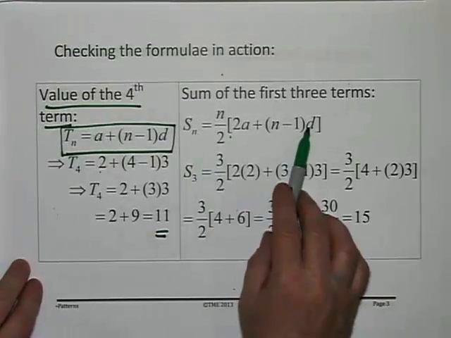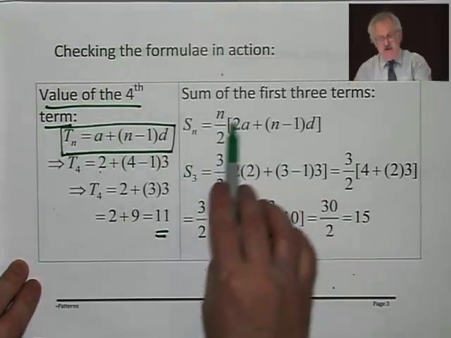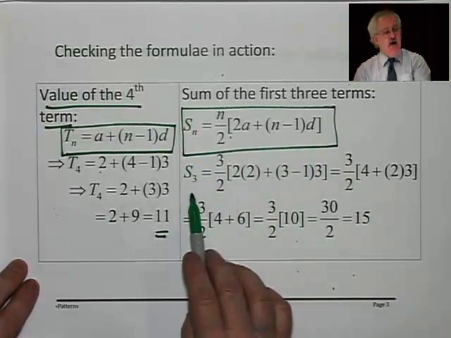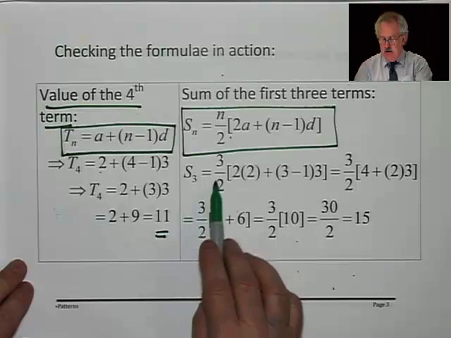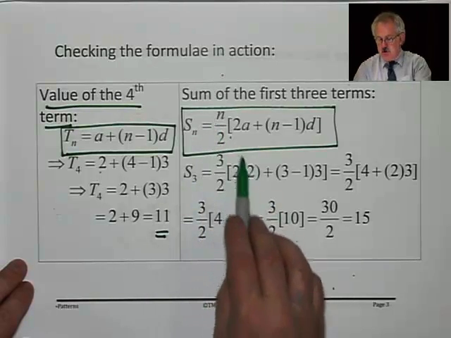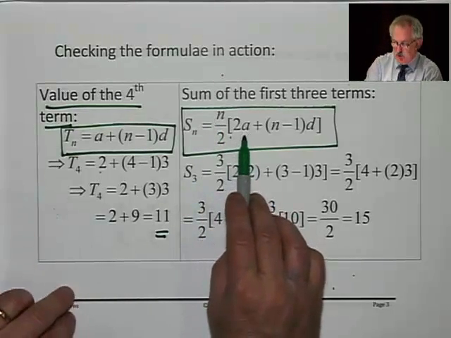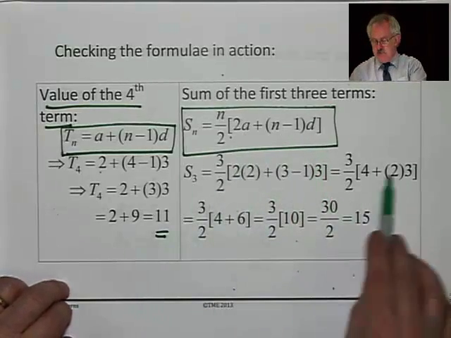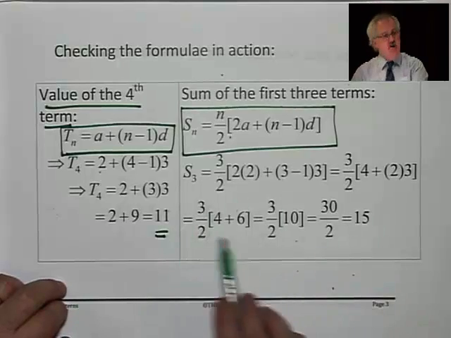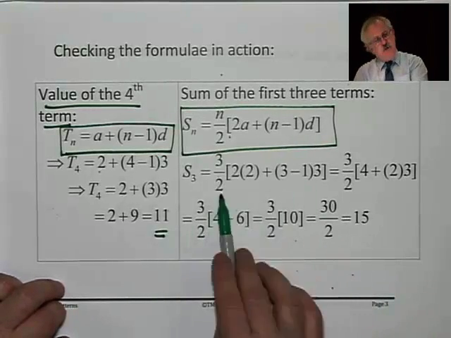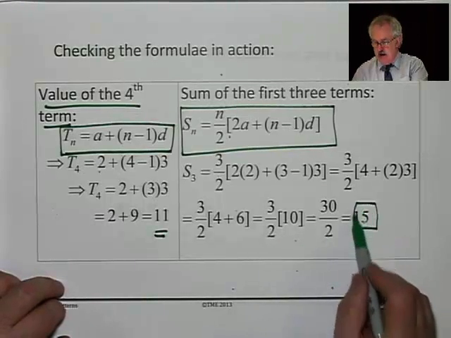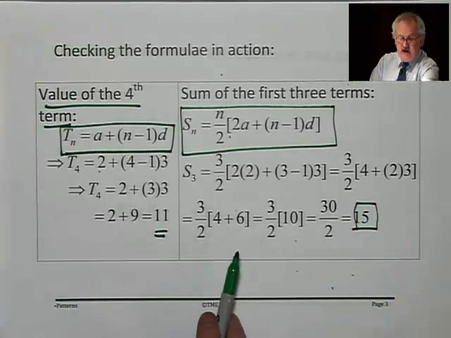The sum of the first 3 terms, Sn, is all of this. Quite a lengthy formula. We're looking now for S3 to try it out. We say it's 3 over 2, 2 times a, and we know the first number was 2. d, we know was 3. So we plug in all of this. With this calculation, going through all the maths, breaking in the brackets in the standard BIMDAS way, we find that the answer we get for S3 with the formula is 15.